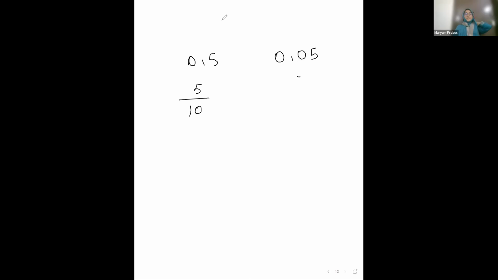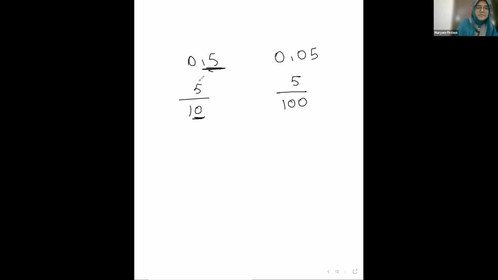Can we write 0.5 as 5 by 10 or not? We can, right? Because there is one digit after the decimal, so we can put 10. Now 0.05 can be written as 5 by 100. Why 100? Because there are two digits after the decimal, so two zeros.